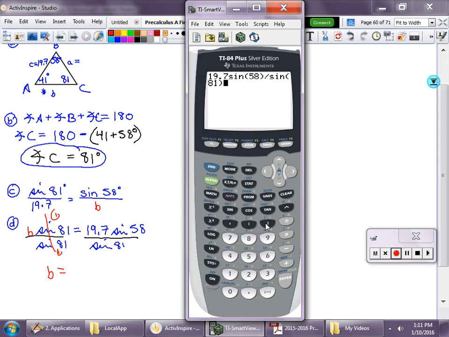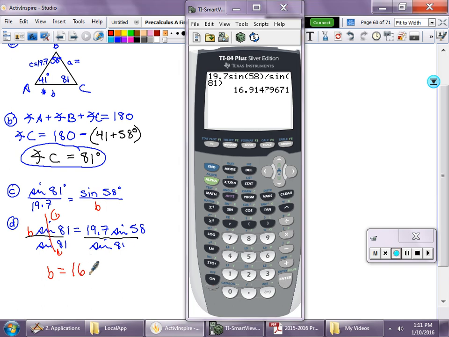Close your parentheses for sine of 81, enter, and our answer is 16.3 decimal places, 91, and the 4 has to change to a 5 because of its neighbor. This is a side, so we don't put a degree symbol, and we have done what we've been asked to do.